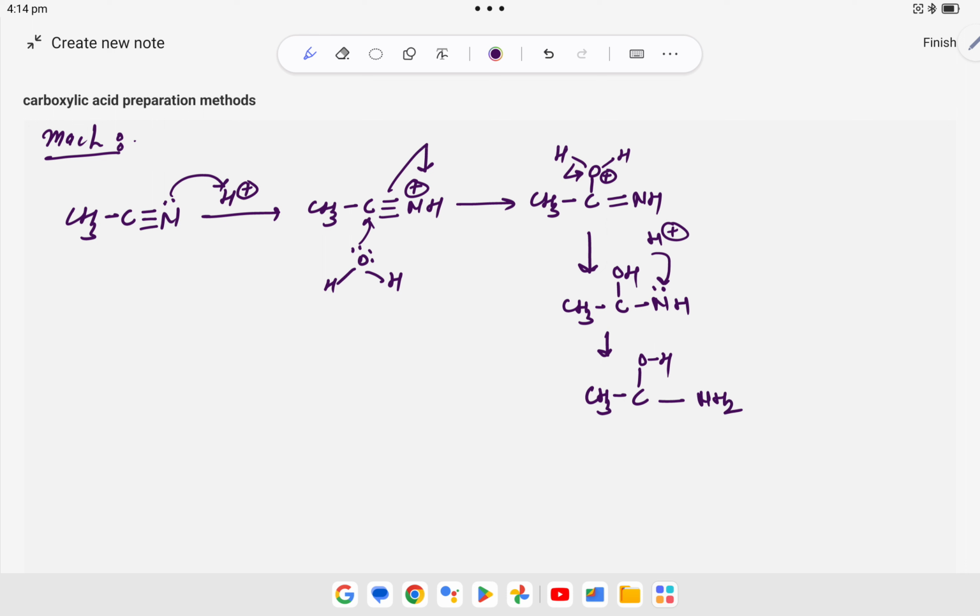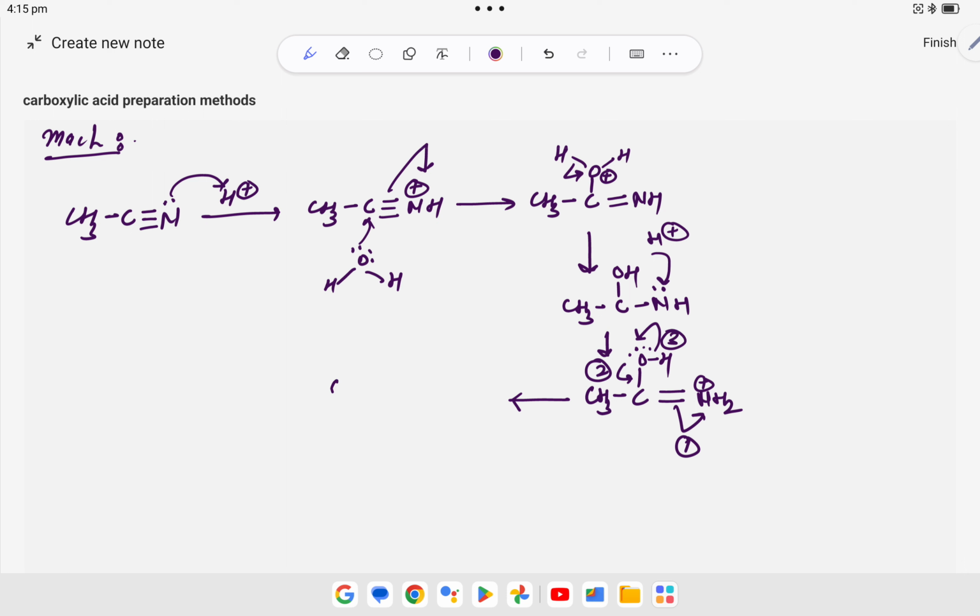It is accepting H plus, then nitrogen is having a positive charge. Then what happened? Here the double bond electrons shifted here because nitrogen is having a positive charge. Then the lone pair electrons shifted here. Oxygen is getting a positive charge. Then hydrogen again will be sacrificed. So first step, then second step, and this is your third step.